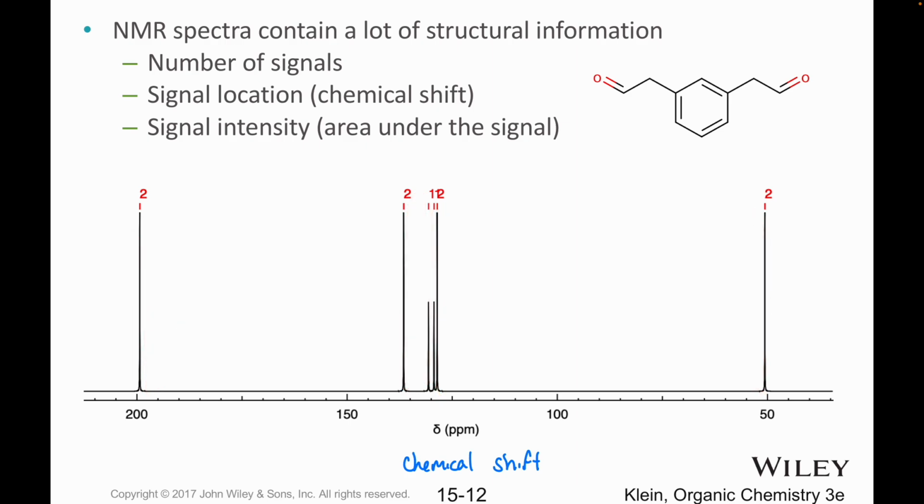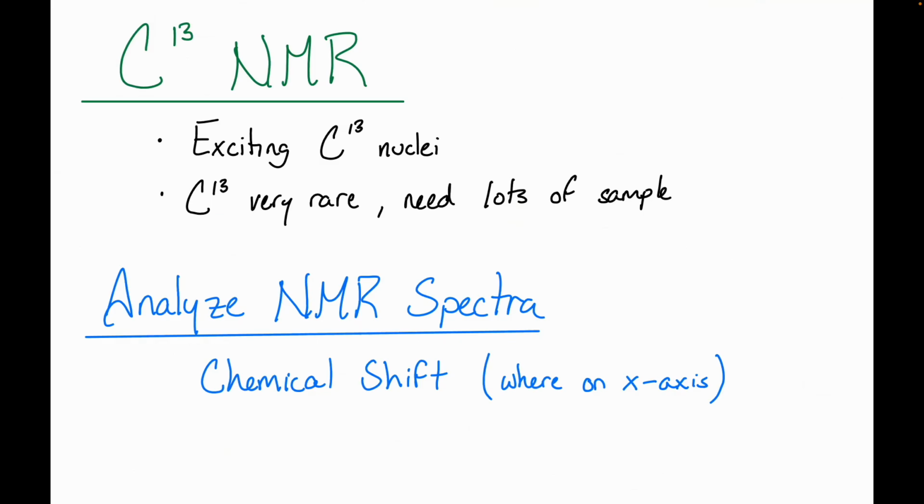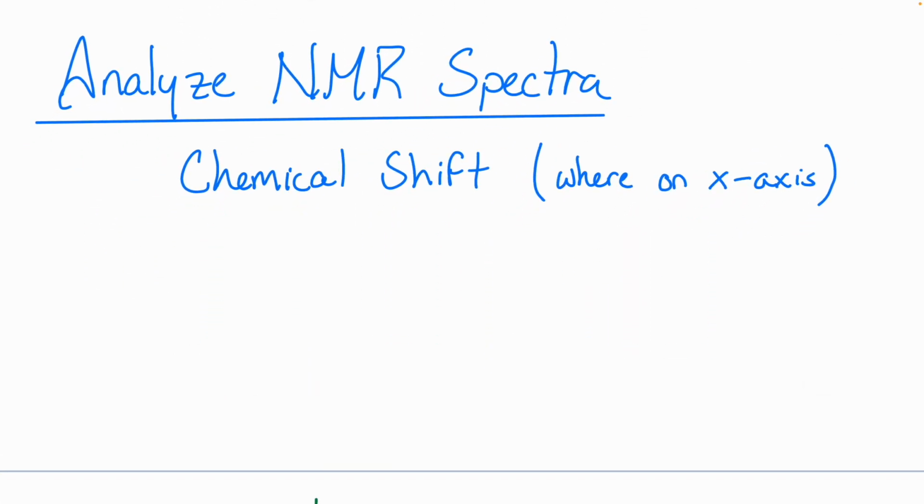Okay, so we get this graph, ideally a nice flat baseline, a nice clean signal, and a bunch of peaks. And then we have these little values on top here. Again, our x-axis is what we call the chemical shift. This gives you two very important pieces of information about your compound.